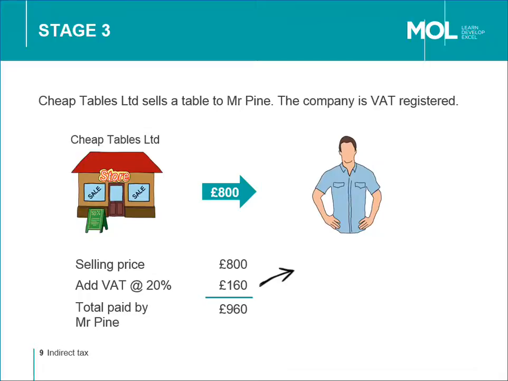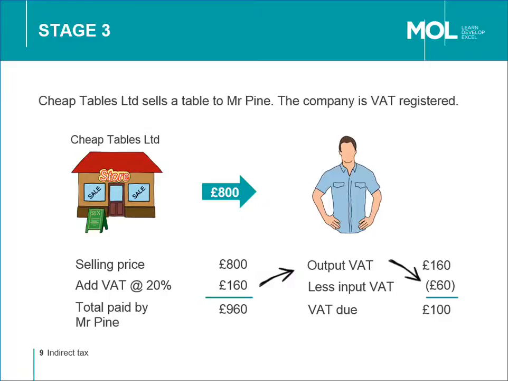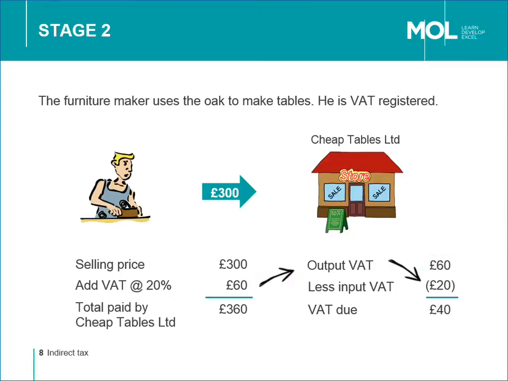The VAT return will therefore be as follows: output tax collected of £160, less input tax suffered of £60. The total payable to HMRC is therefore £100. Note again that the £60 of input tax reclaimed is the same amount that was charged as output tax to Cheap Tables Limited when it initially purchased the table from the local furniture maker.